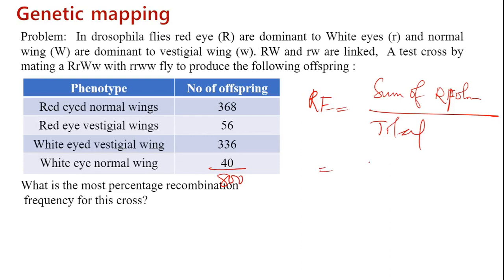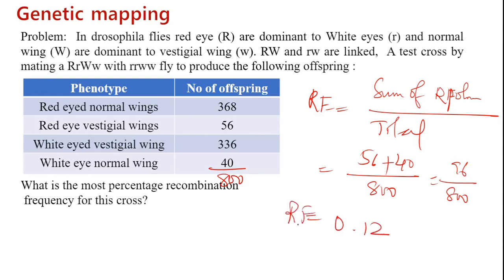So here 56 and 40 are the recombination products, and we sum up 56 plus 40, then the value is 96 divided by 800. So the recombination frequency is 0.12.